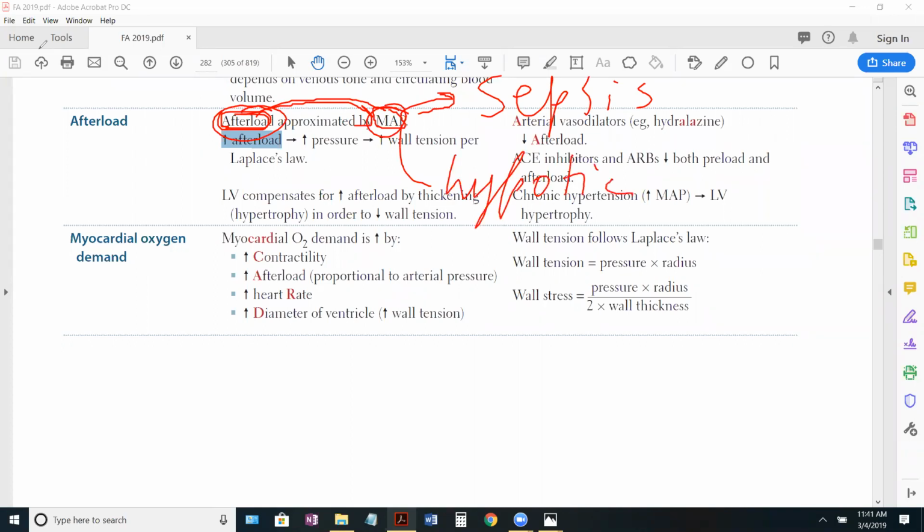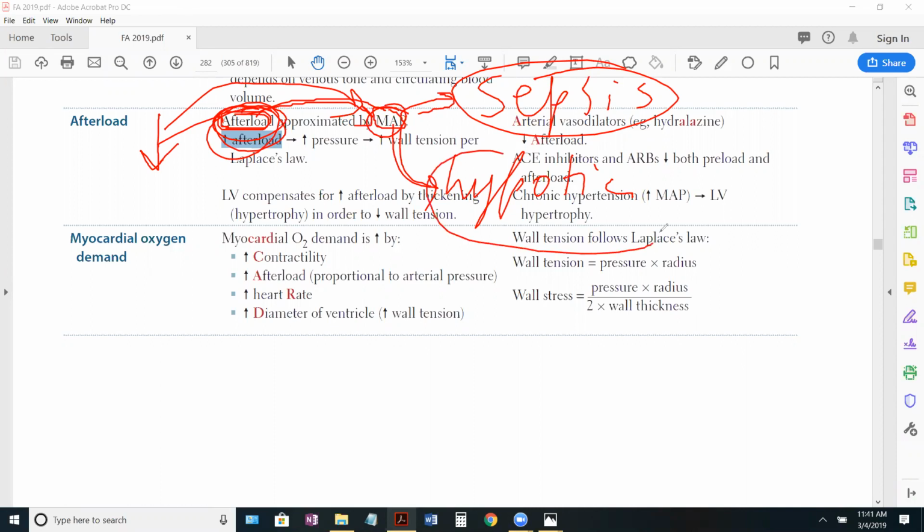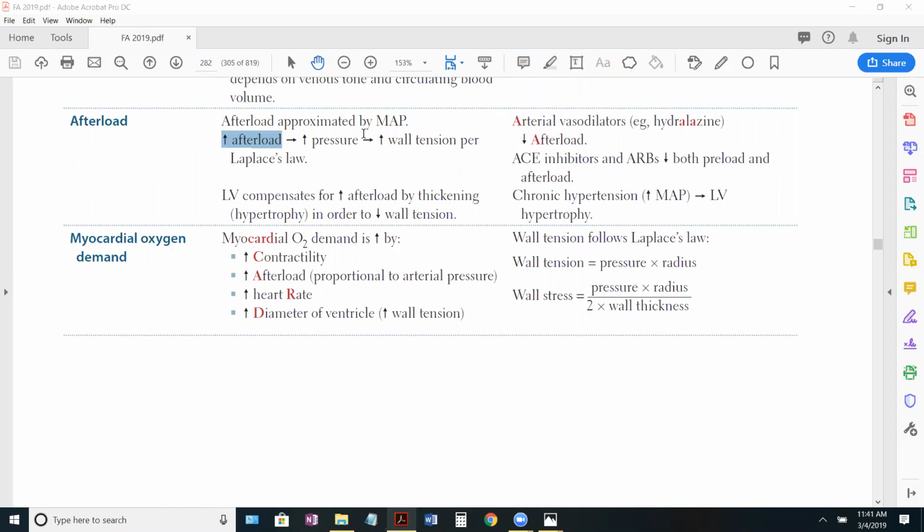Because the cytokines released in sepsis cause massive vasodilation, and that decreases the afterload, and that decrease in the afterload decreases the mean arterial pressure. That's the life-threatening thing that can put the patient to death. This hypotension is the hallmark of septic shock, and this line is directly linked to septic shock. That's why this is important to think about.